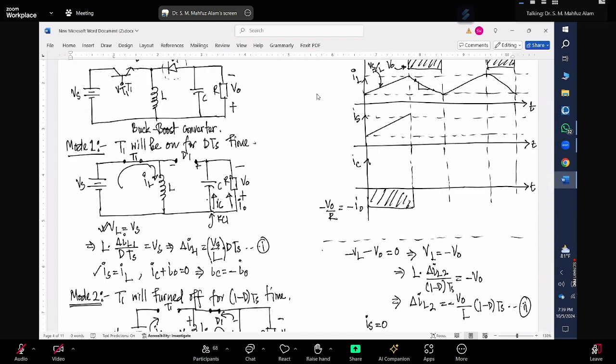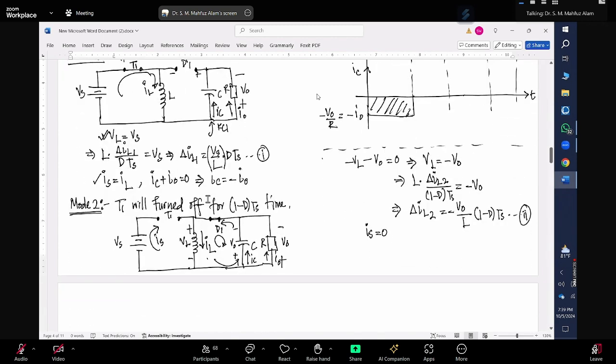Meaning that when the inductor is discharging, my source current should be 0, and then again it will start like this. During the discharging period it should be 0, so this should be my current for the source. Make sense? Any question regarding that?